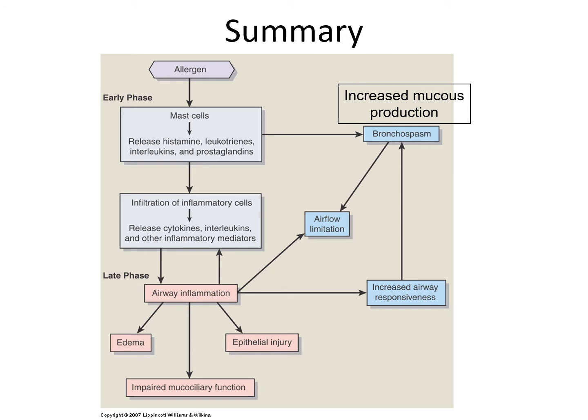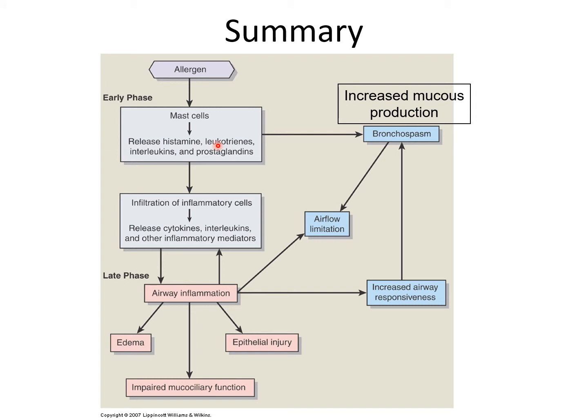So in summary, we start out with an allergen, so we become sensitized. It'd be IgE-mediated mast cell sensitivity. The mast cells are going to release their inflammatory mediators, so histamine, leukotrienes, prostaglandins, interleukins.